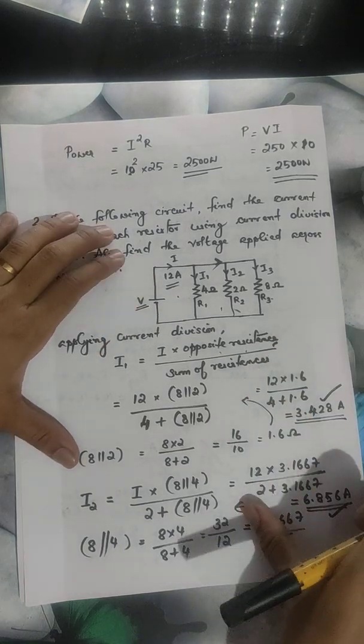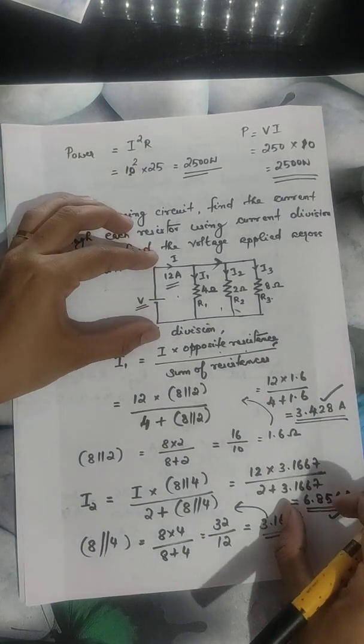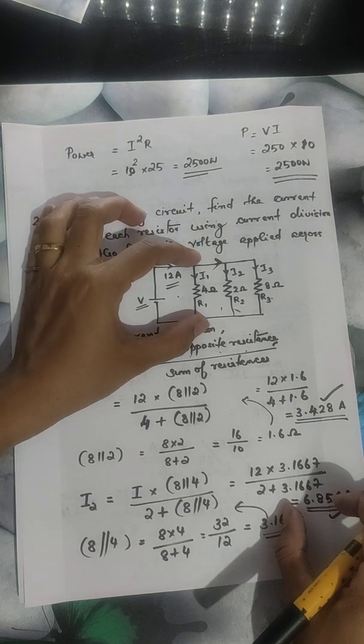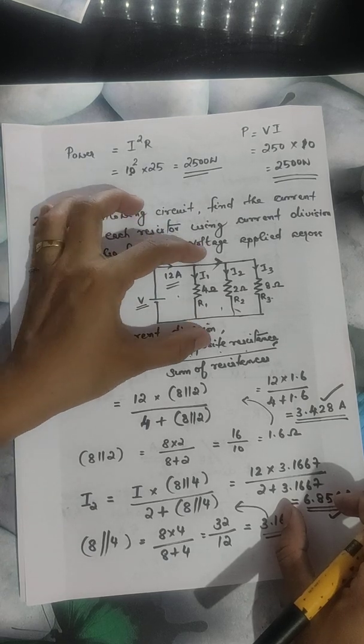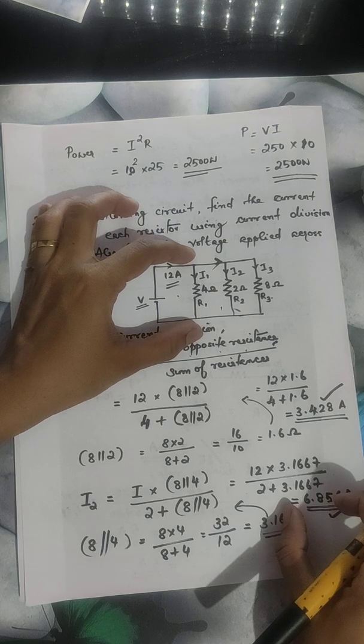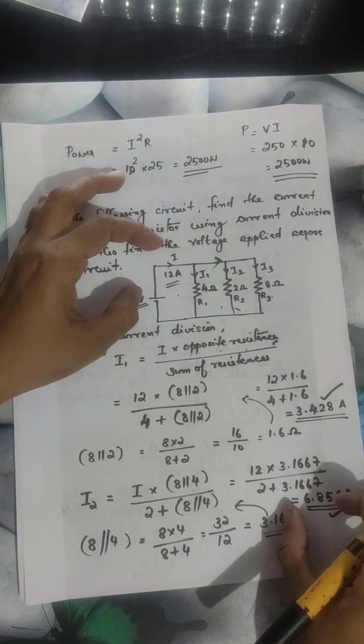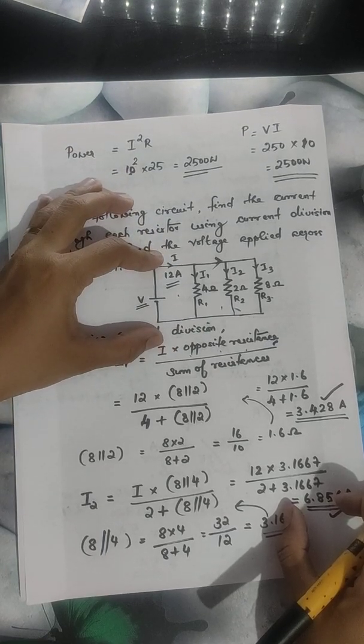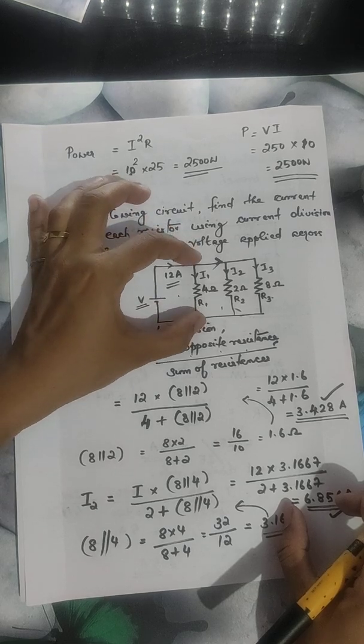So let us calculate. So total voltage is same as voltage across R1 because this is a parallel circuit. R1 is connected in parallel with the voltage source. So this voltage and voltage across R1 will be the same.